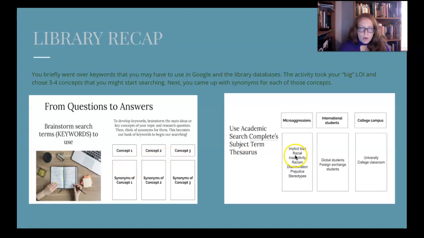And their example was for their question about international students and microaggressions. They picked microaggressions, international students, college campuses. Remember, synonyms are super important because Google's only going to spit back what you say for the most part. So you might search things like implicit bias, racial insensitivity, racial discrimination, prejudice, stereotypes, and come up with some different ways to say those terms.